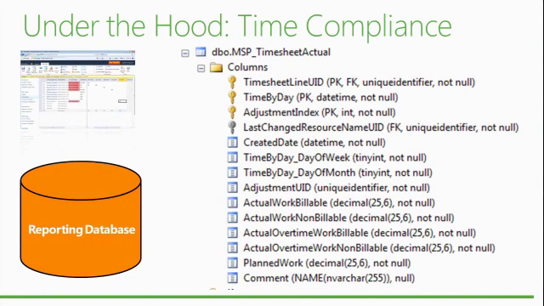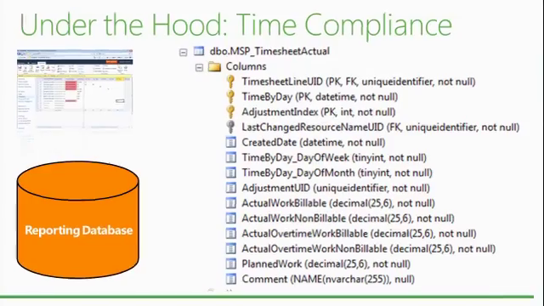So very quickly, Timesheet Actual contains all this data, and you have some sample queries and templates that come with the product that allow you to get this type of data connector to make some reports.